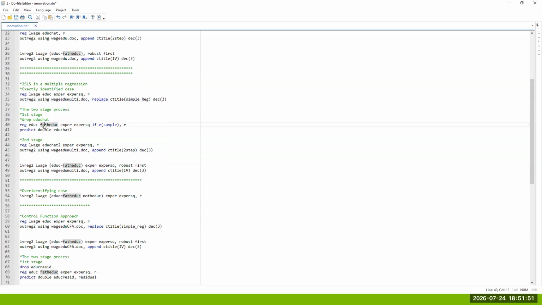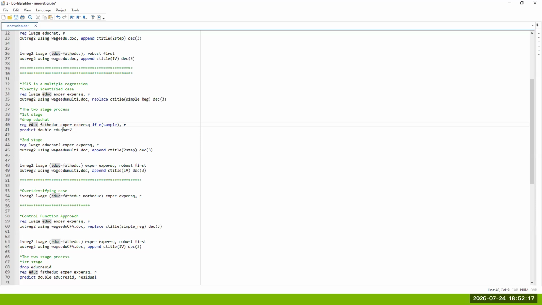Then I go through my first stage regression where, because I want to now find the influence of a father's education on the child's education, I now make education the dependent variable here. The father's education comes with experience square. I restrict it to the first sample. Then I predict the education hat.